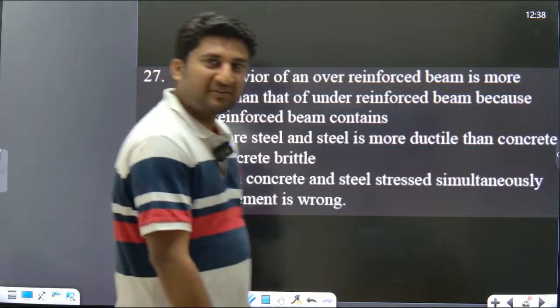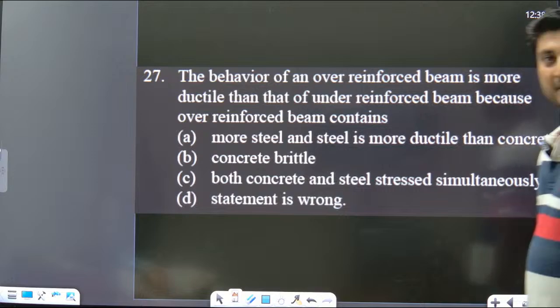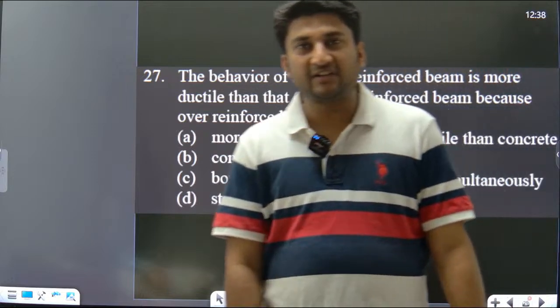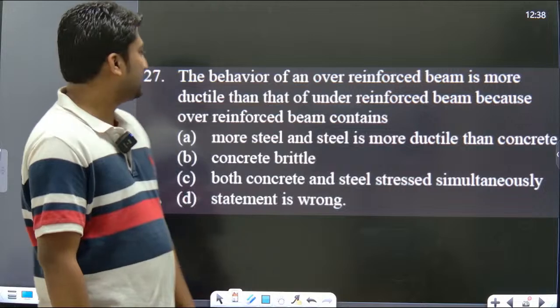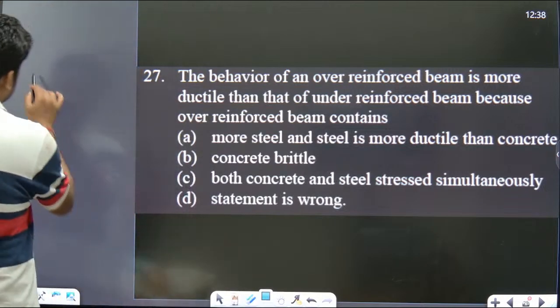Now this is a very good question. Very good, with real site experience, you have given the correct answer. Now, the behavior of over reinforced beam is more ductile.